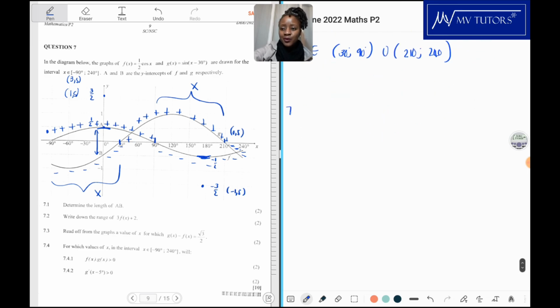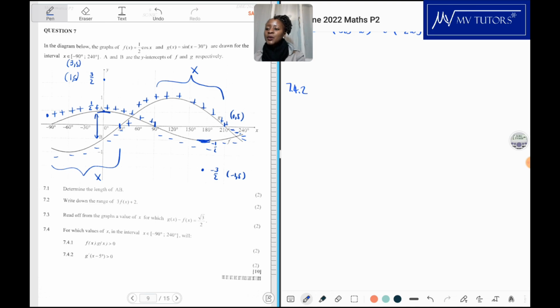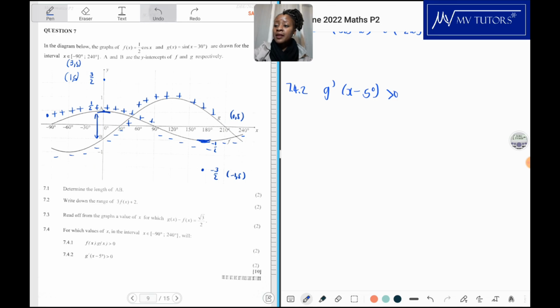Now 7.4.2. I need to rush. I have a tutorial session after this. So again, find the values of x in the interval where g prime of x minus 5 degrees is bigger than 0. Okay, so basically what is happening here?